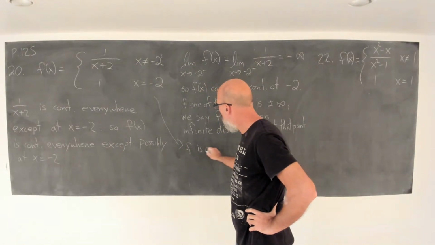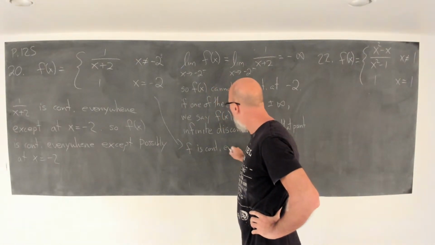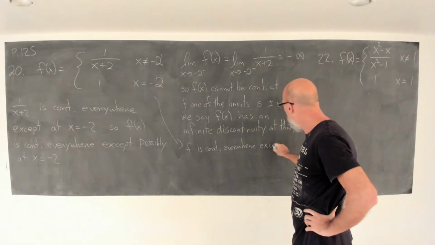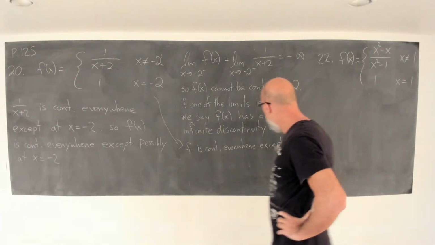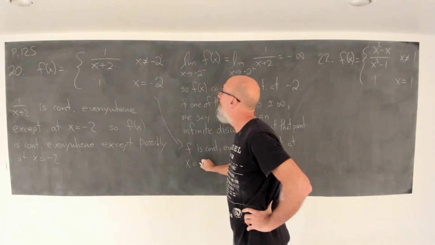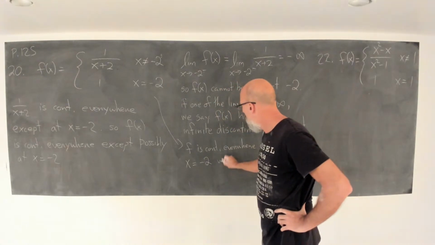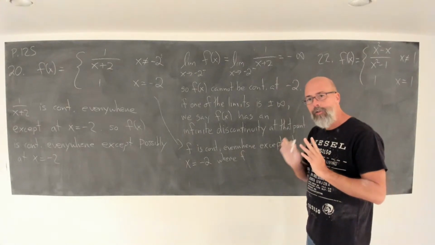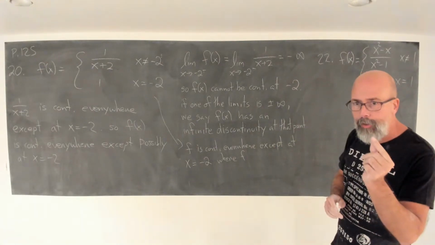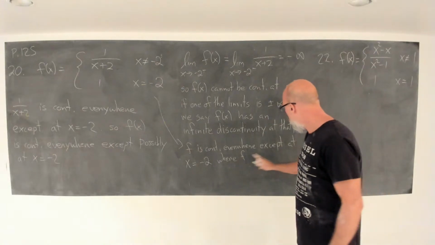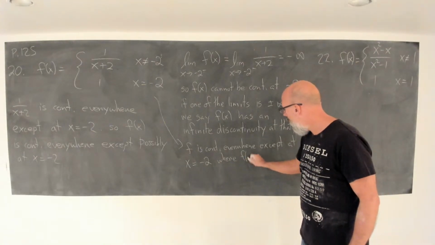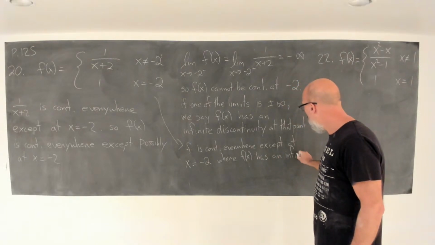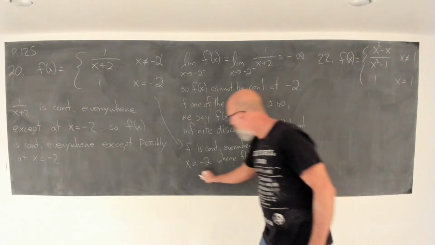F is continuous everywhere except at -2, where it's f, not the point, right? It's not the point that has an infinite discontinuity, but the function itself, except at -2, where f of x has an infinite discontinuity.